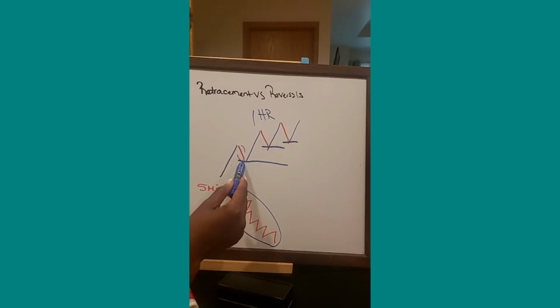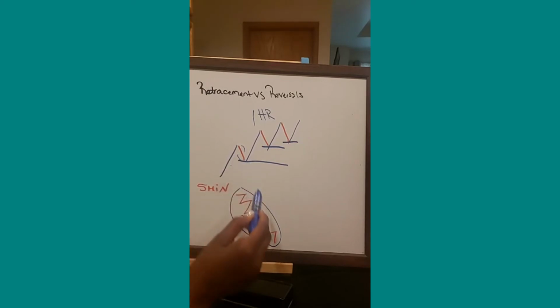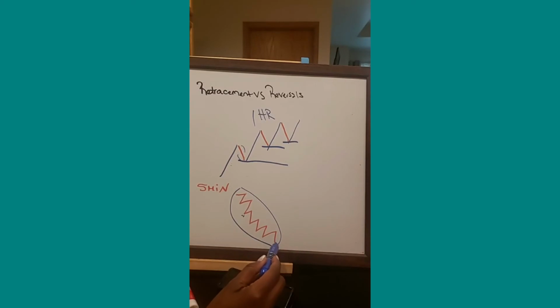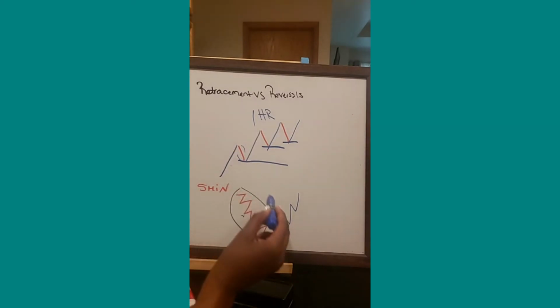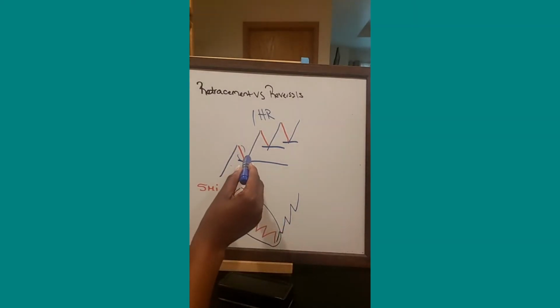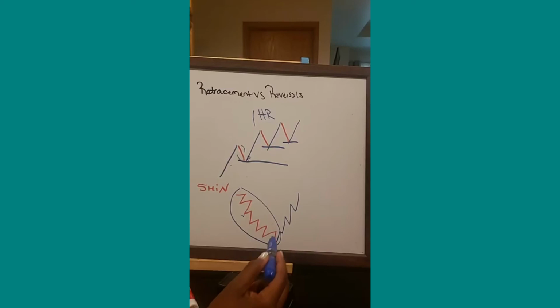When you look on your 1 hour and you see that you're about to come to this support level, see where your 5-minute candles are. Are they also coming to a support level? Because you're waiting for these bulls to now enter the market before you can enter in. You want to go back to your 1 hour and take a look because you're trying to see, okay, are the bulls in this market? Can I now get in?